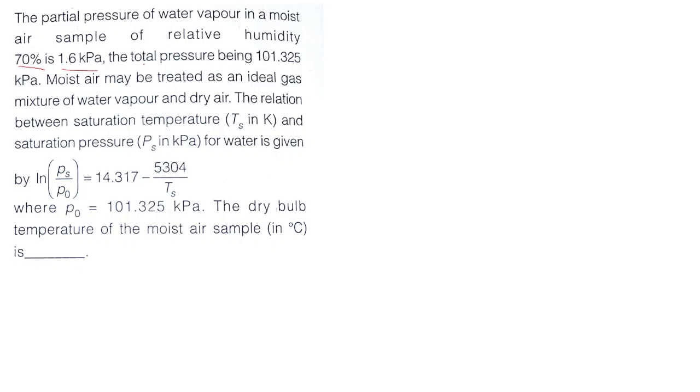Phi is given, PV is given, and the total pressure PT is also given. Moist air may be treated as an ideal gas mixture of water vapor and dry air. The relation between saturation temperature Ts and the saturation pressure Ps for the water is given by this.